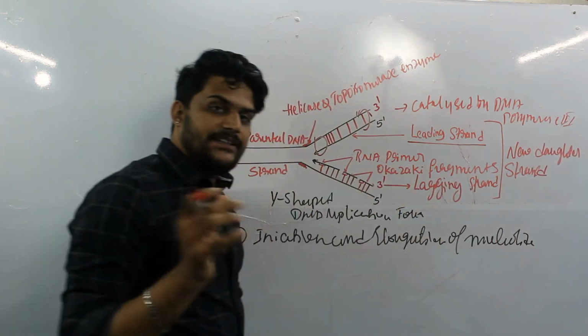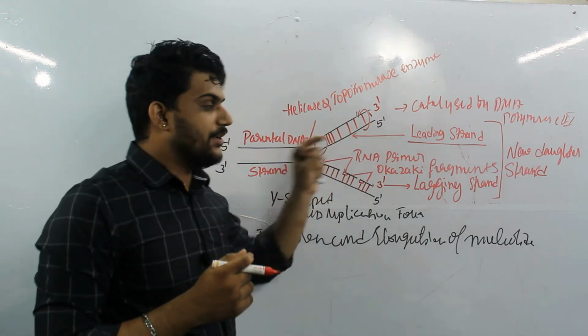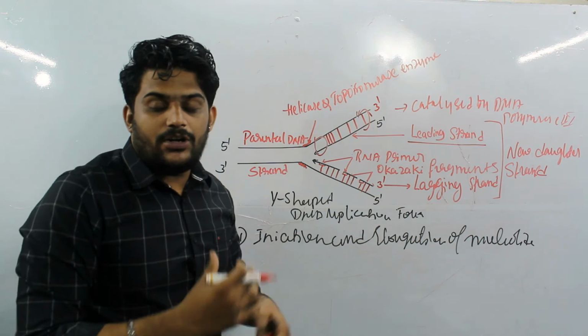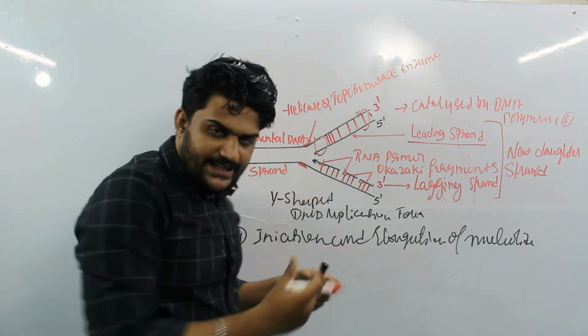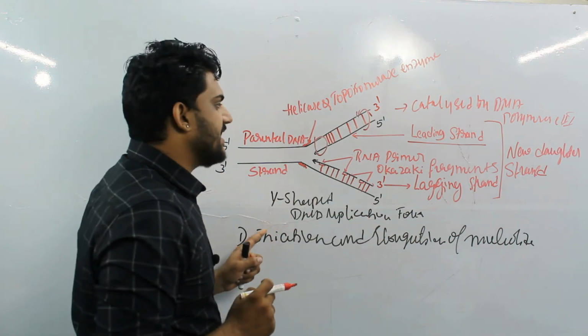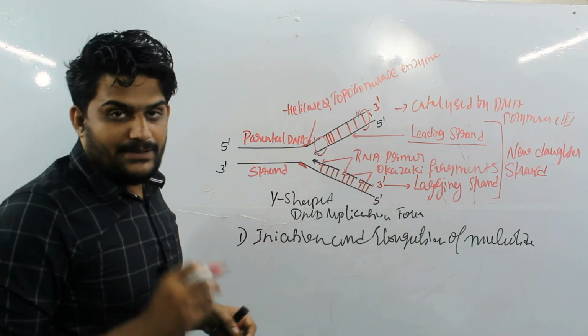This strand is continuous because of DNA polymerase 3, which increases the rate of reaction, unlike the second strand, which runs from 3' to 5'. Here there is no action of DNA polymerase 3.